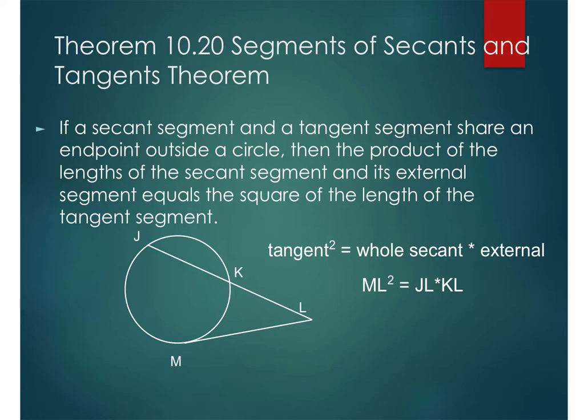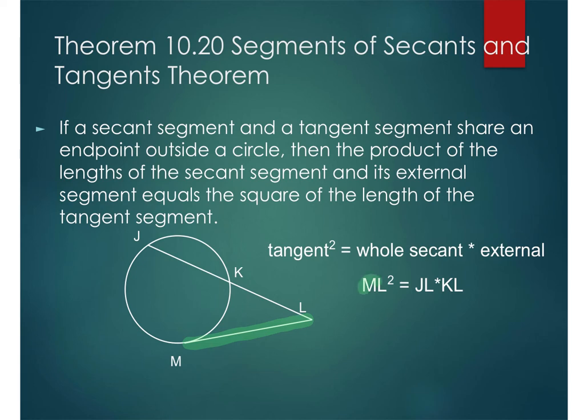If one of your segments is not a secant, it's a tangent. Instead of multiplying it by the whole times the external, you just take the length of that tangent and you square it, okay? So you multiply it by itself. So, guys, stop writing just for a second. Do you guys see how LM is no longer a secant? It's a tangent because it intersects only at one point.